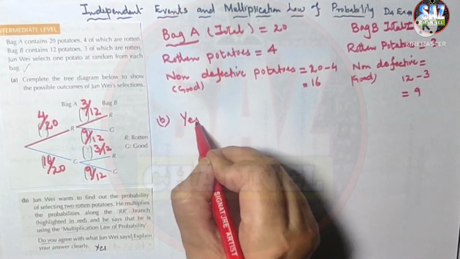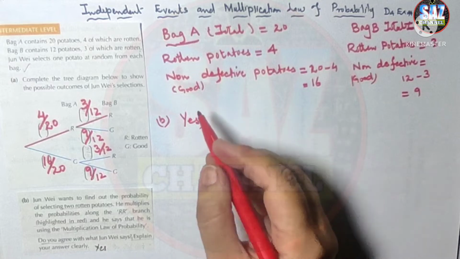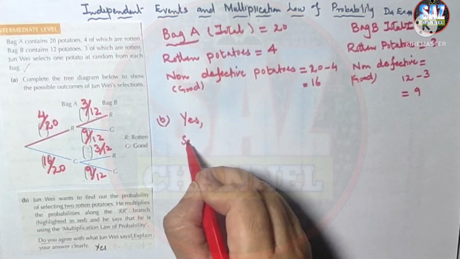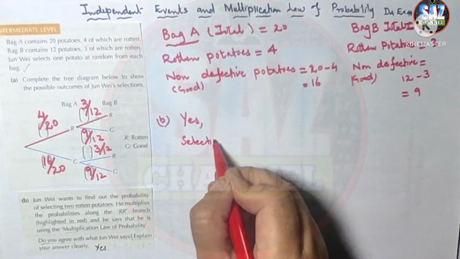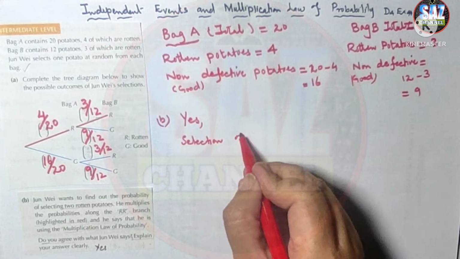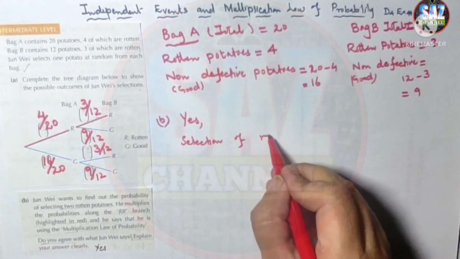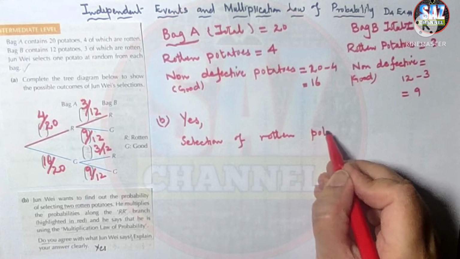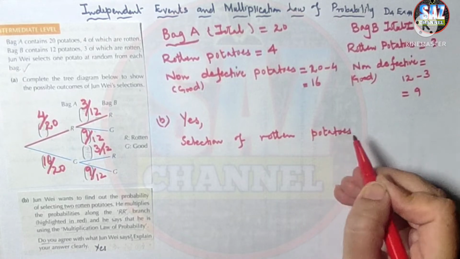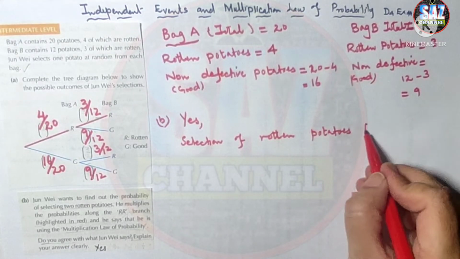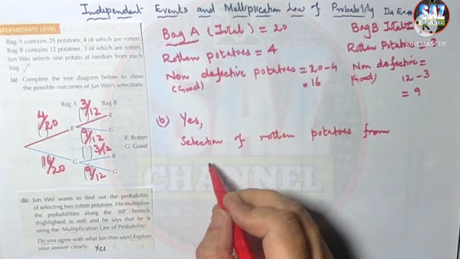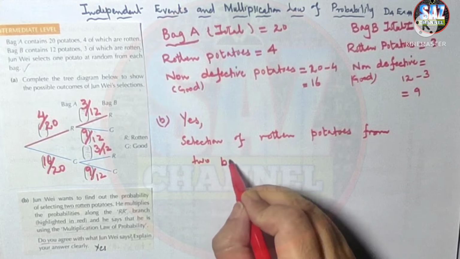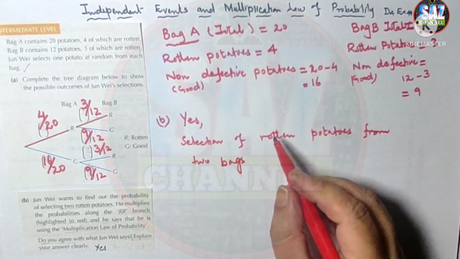And why is that yes? Because the selection of rotten potatoes from 2 bags are independent events.